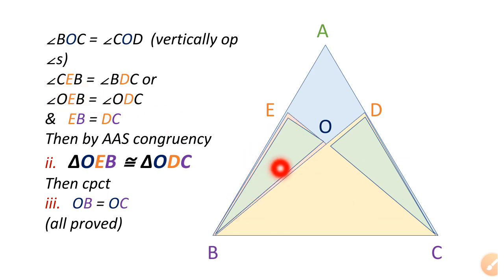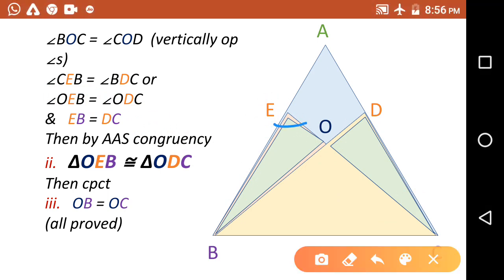So for this triangle we can start from O. So OEB is equal to ODC. As in the previous bit we have shown these two angles are equal, we are taking those two angles. One angle and another angle are shown equal, and we know that this EB that we took from the starting part is equal to DC.